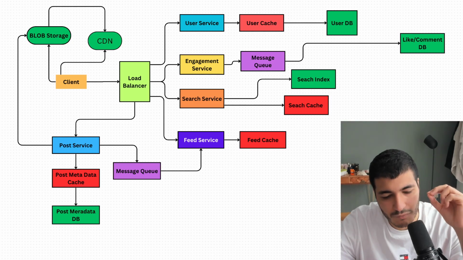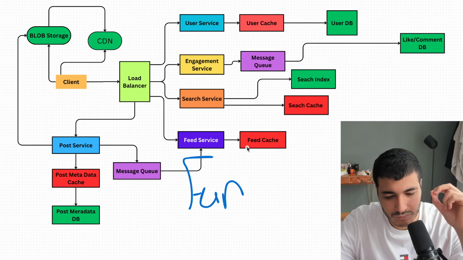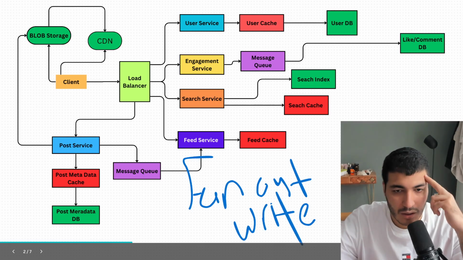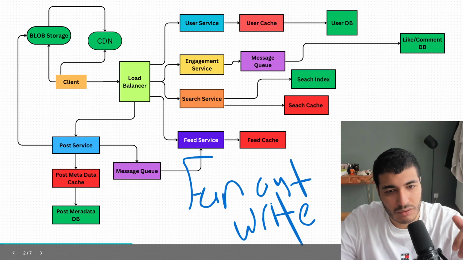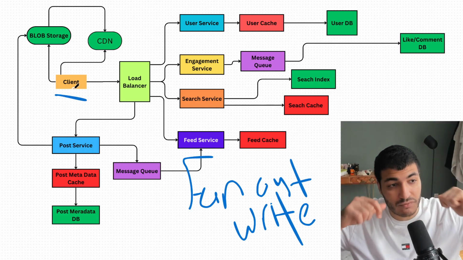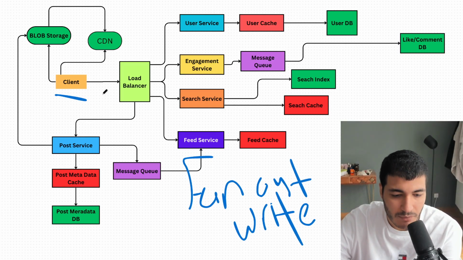But let's only focus on fan-out on write. With fan-out on write, the magic happens when the post is created, for example when the client tries to upload the photo. We talked in the previous video about how the photo process goes, so I will not go through that process.